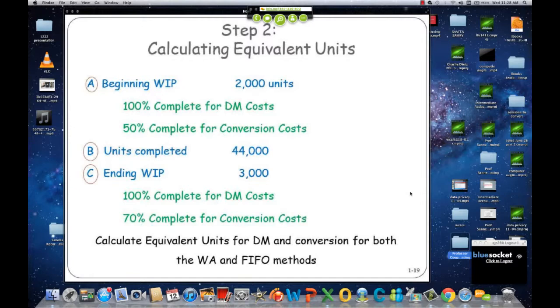Because it's given. So that left 42,000 that were completed in February that were also started in February because they were not brought over from January. So 42,000 were started and completed in February.